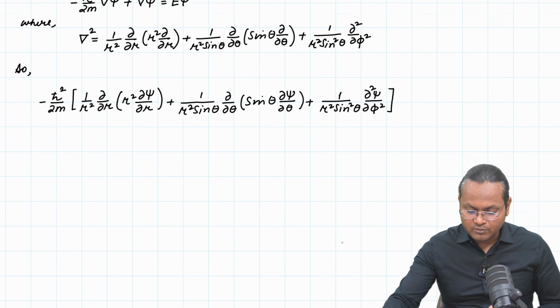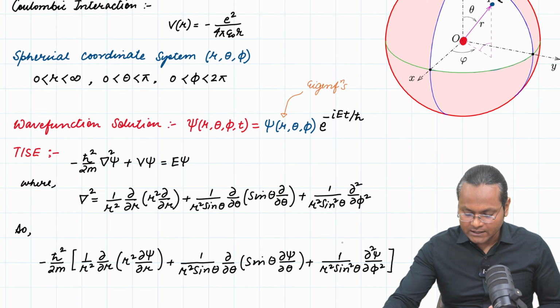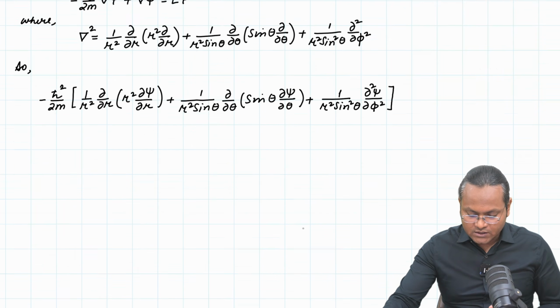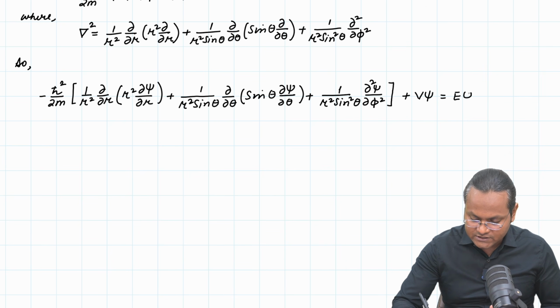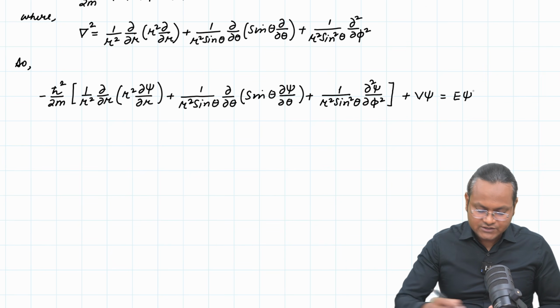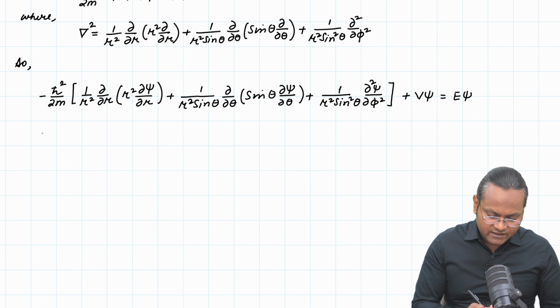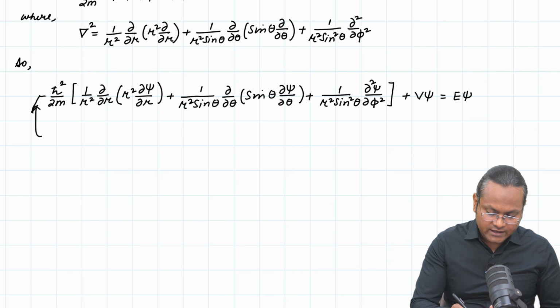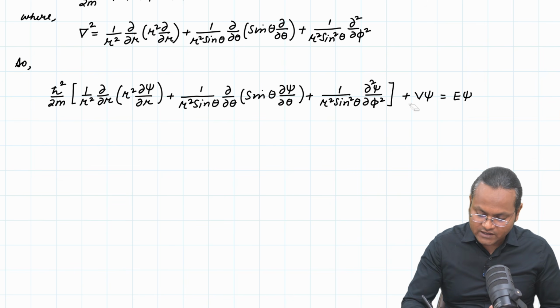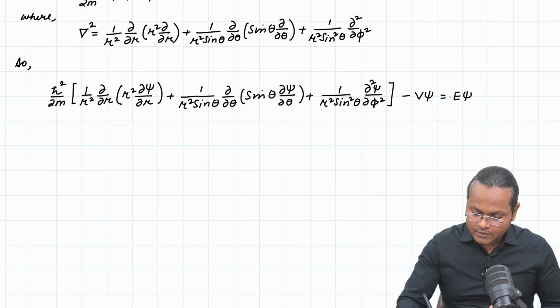Now, at this particular point, it is going to be clear to you that we are going to be dealing with extremely lengthy mathematical equations. So here I have V psi equals E psi. This simplifies to, if I take the negative sign from here, instead of writing the entire expression, I can just introduce the negative sign here and here.